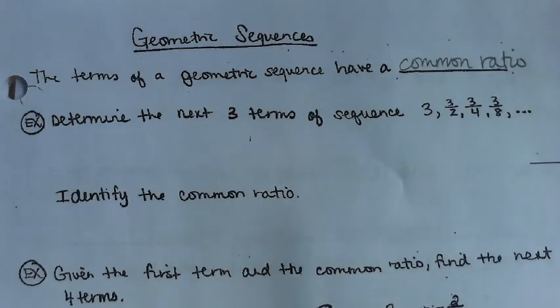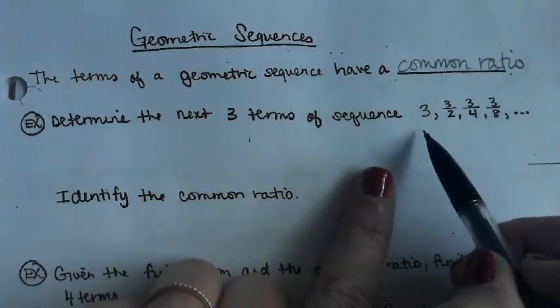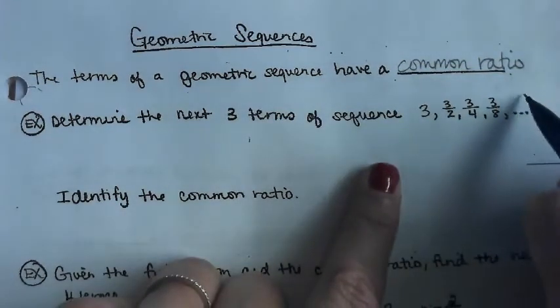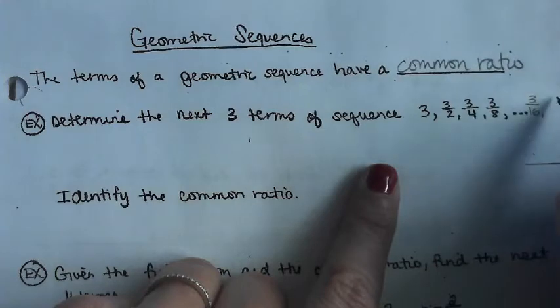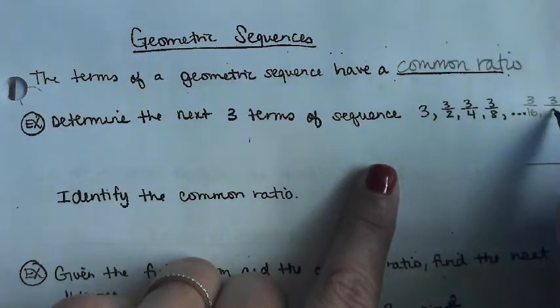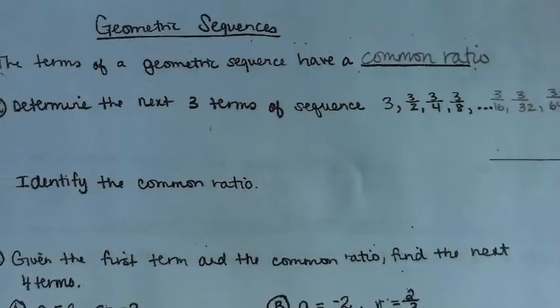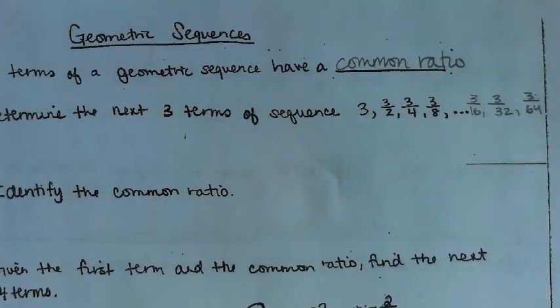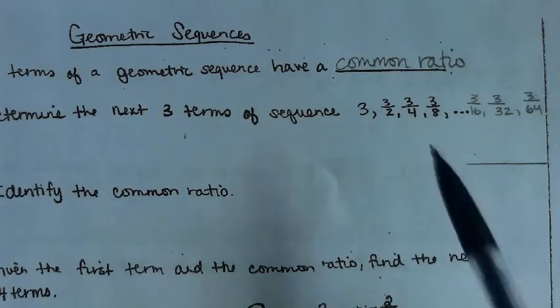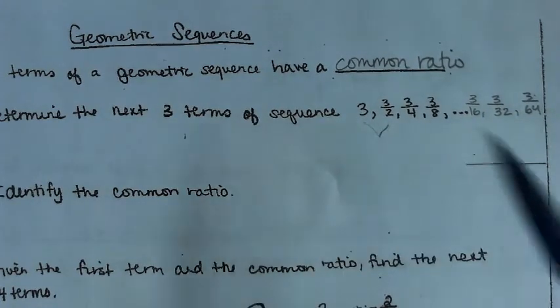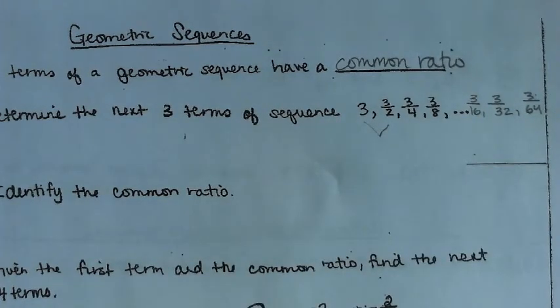Connor, what do you think the next term would be? 3/16, then 3 over 32, and then 3 over. So the pattern that we all can probably identify is that the denominator is doubling. But that is not going to help you for the common ratio.